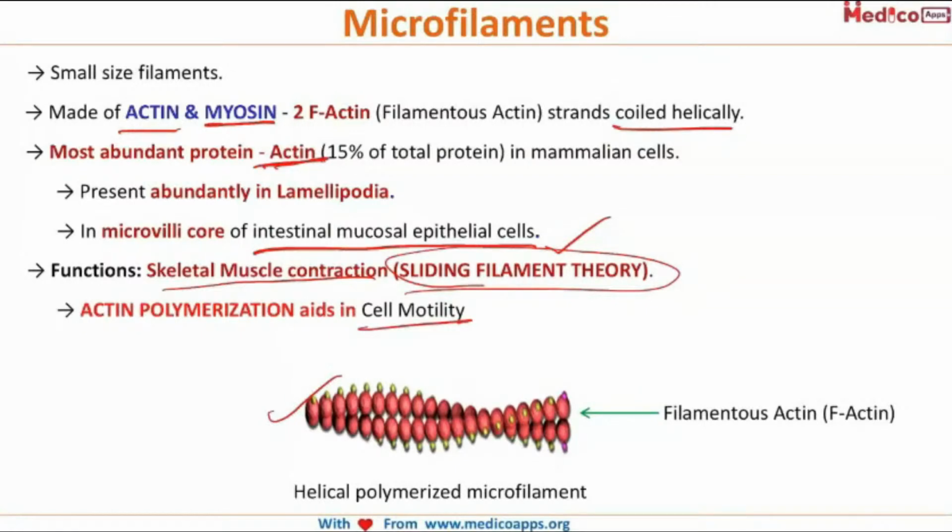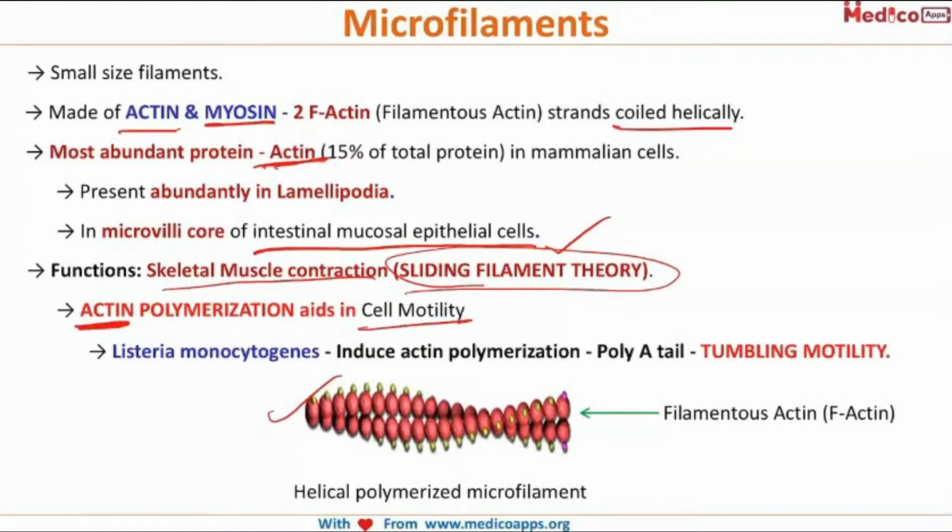So another function apart from muscular contraction is cell motility, especially that of actin, and this is seen in Listeria monocytogenes, right? With the help of the polymerized actin tail, it has a tumbling motility. So the motility of Listeria monocytogenes is given by the polymerized actin tail.